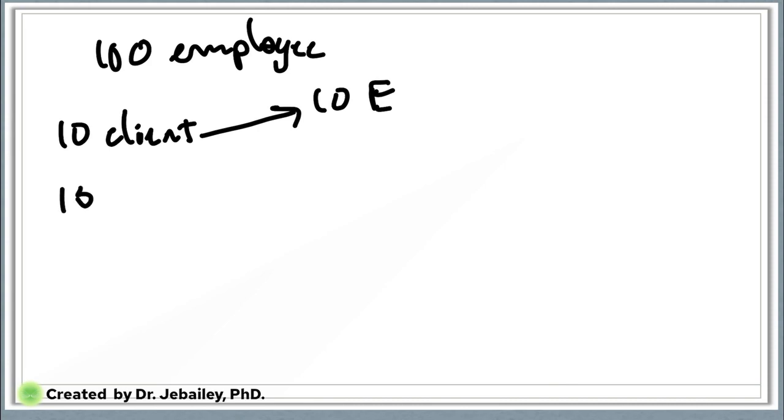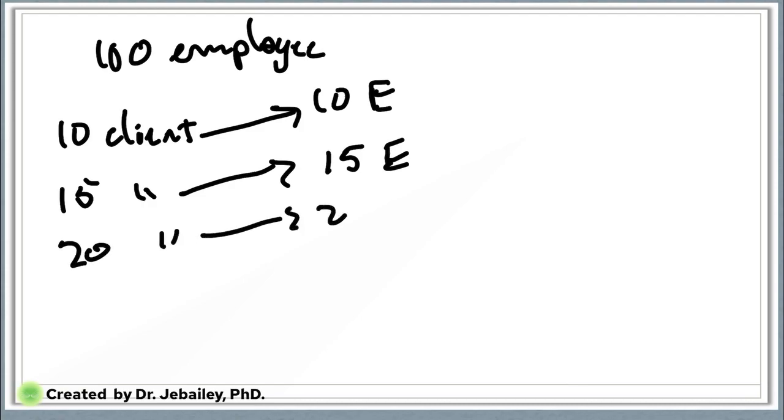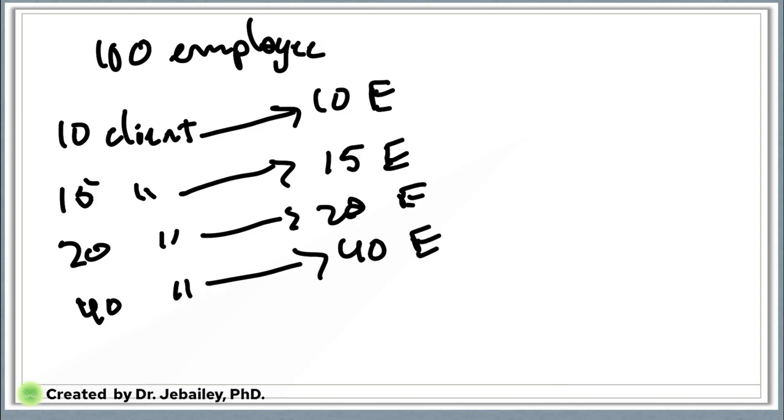If I have 15 clients coming in and I have 15 employees, yes, there's more action happening in the company. If I put 20 clients, I still have 20 employees. That means more action, right? You can see the action is rising, 10, 15, 20, the action is going faster. If I have 40 clients coming in and I have 40 employees, great, more reaction, more things are going faster.